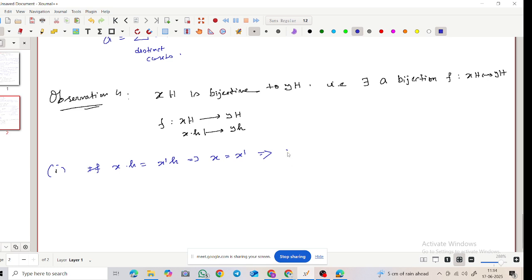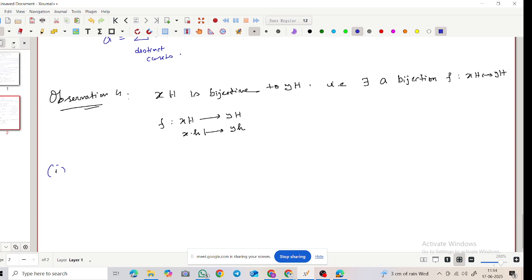Actually, you need not check well-definedness, because you are picking up an element and sending it there; there are not many representations.